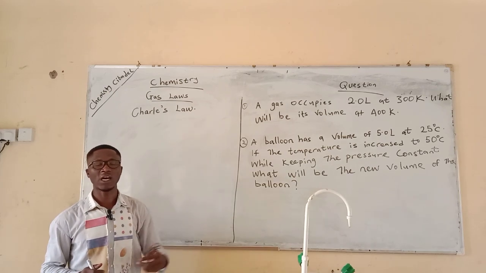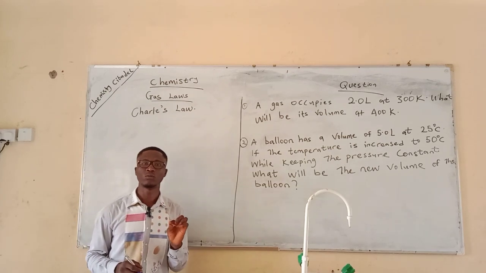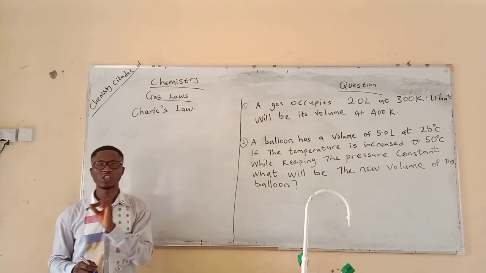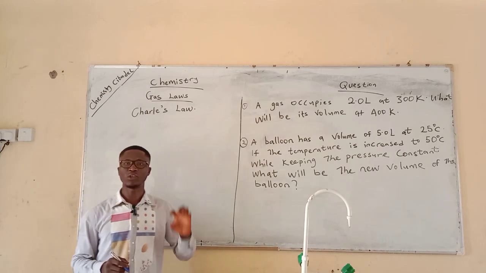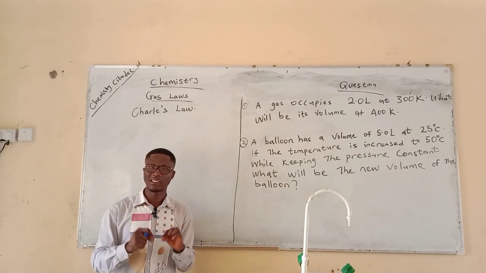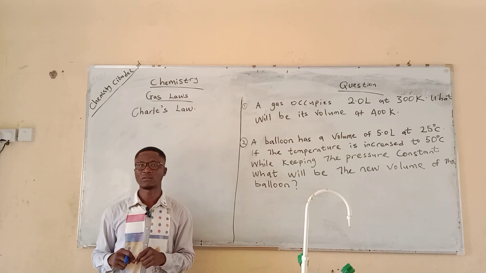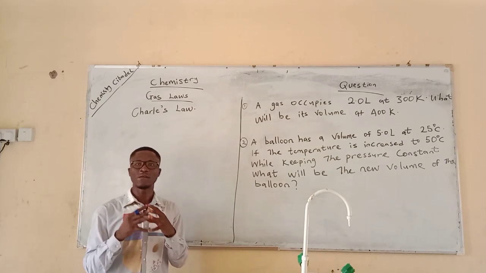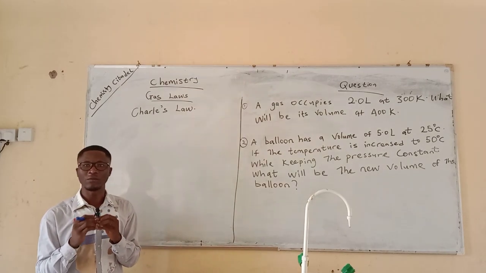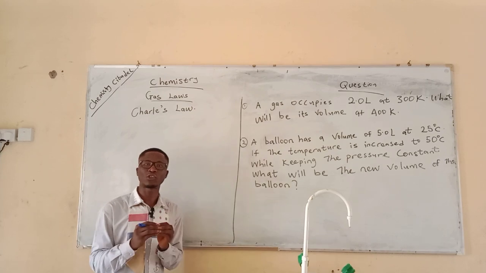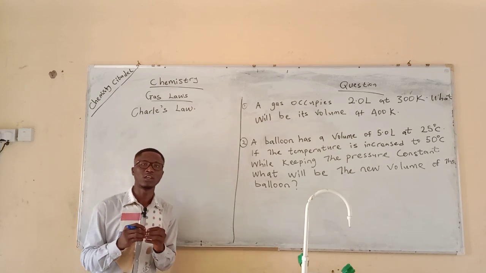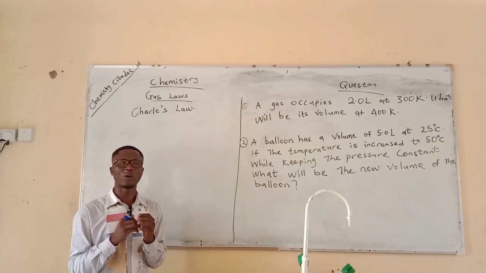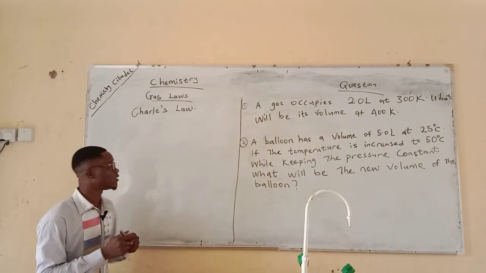He talked about how the volume has a relationship with the temperature of a fixed gas in a container. The volume of a fixed mass of gas is directly proportional to the temperature of that gas.